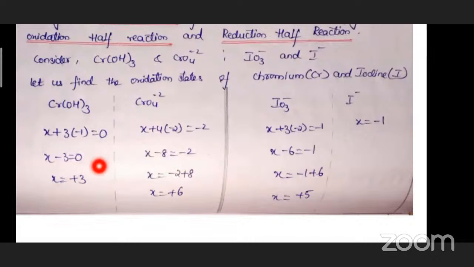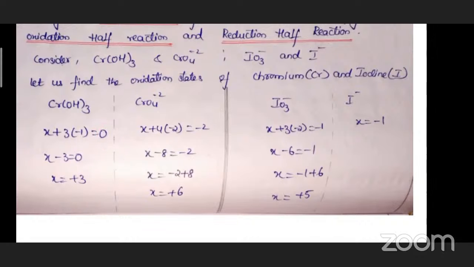The oxidation state of chromium is changing from +3 to +6. That means it is an increase. Increase in oxidation number is what is called oxidation. So this change would be our oxidation half reaction. The change of chromium hydroxide to chromate is the oxidation half reaction.